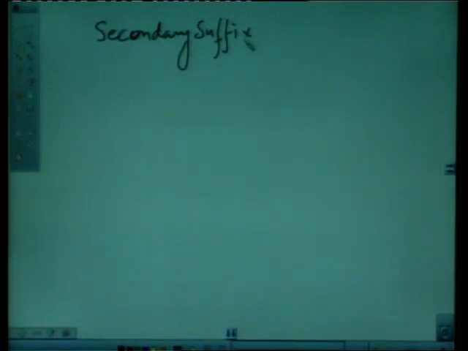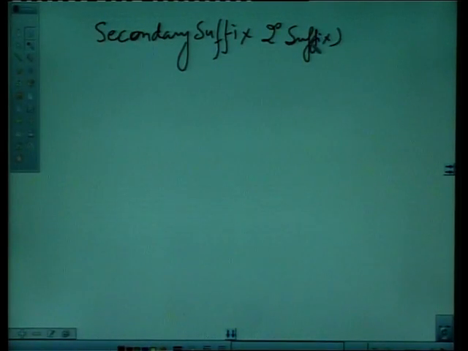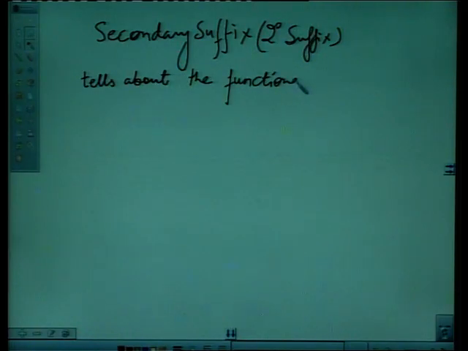Secondary suffix tells about the functional group. It is attached behind the primary suffix.